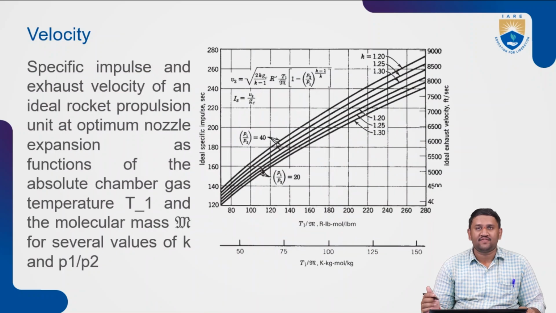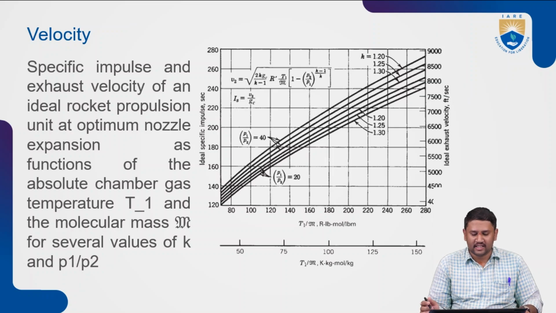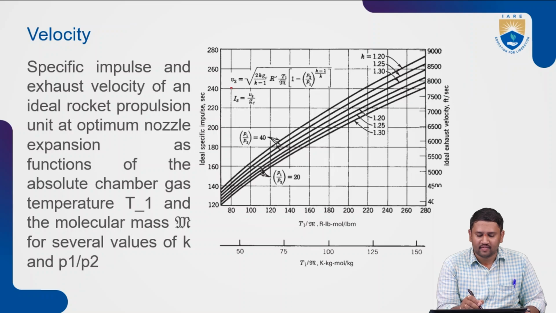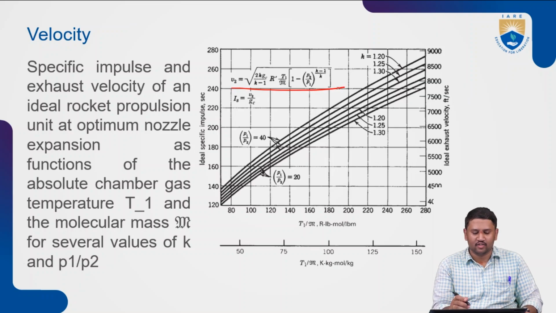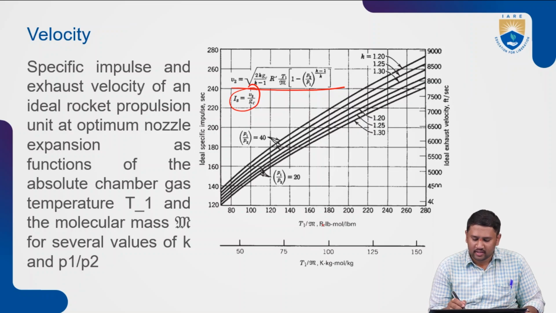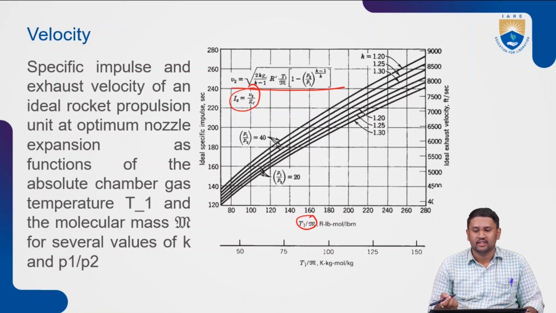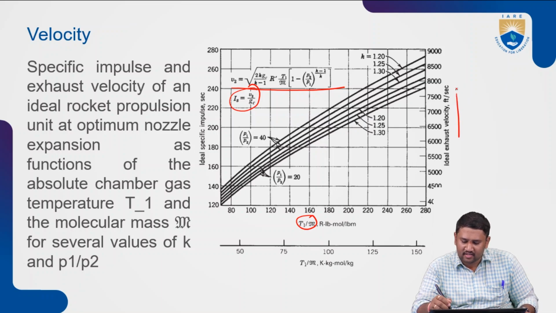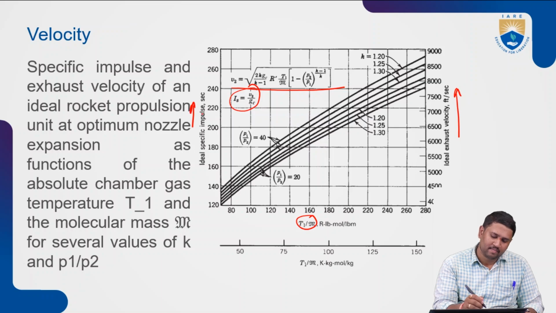Now, the specific impulse and the exhaust velocity of an ideal rocket propulsion unit with an optimum nozzle can be seen here. This is the equation we will look into, regarding the specific impulse. A small plot has been made of the ratio of absolute temperature to molecular mass against the ideal exhaust velocity as well as the ideal specific impulse.